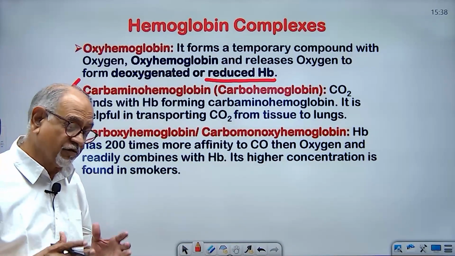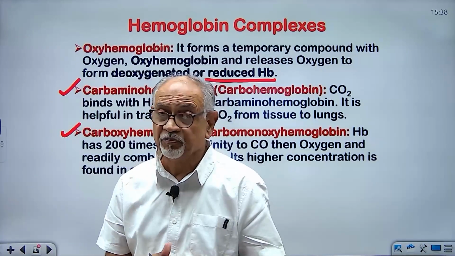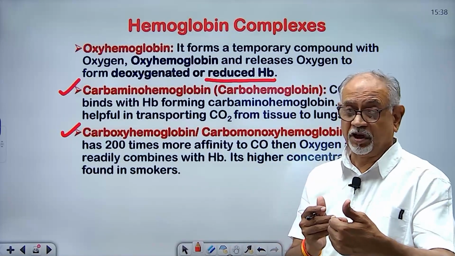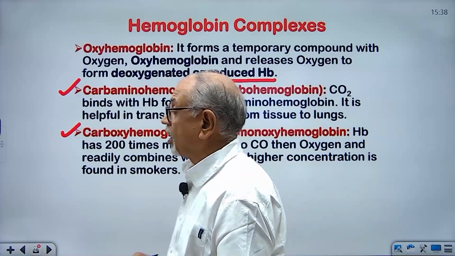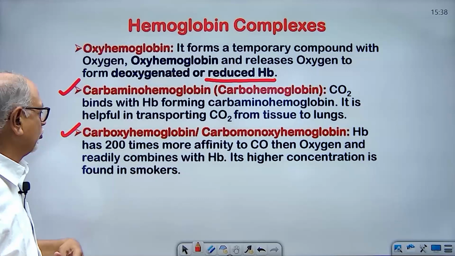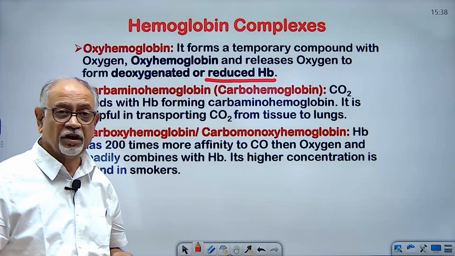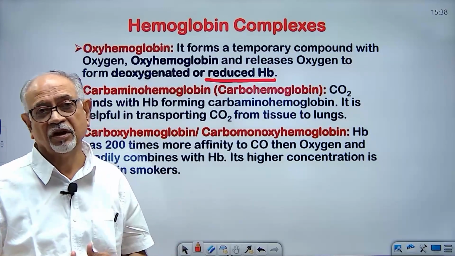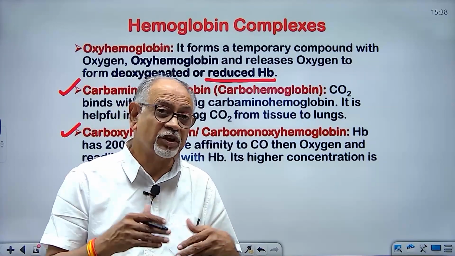So, if carbon monoxide is available, hemoglobin will preferably combine with carbon monoxide rather than oxygen, forming carboxyhemoglobin. It is an irreversible reaction. So, that hemoglobin is not available for making oxyhemoglobin with oxygen.